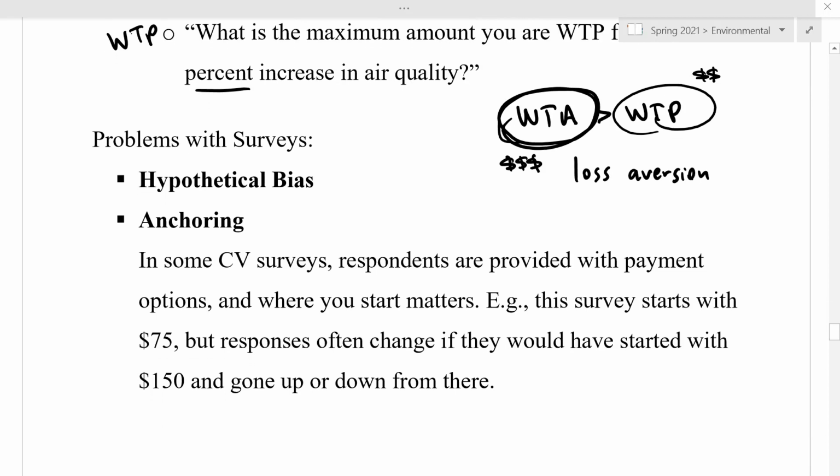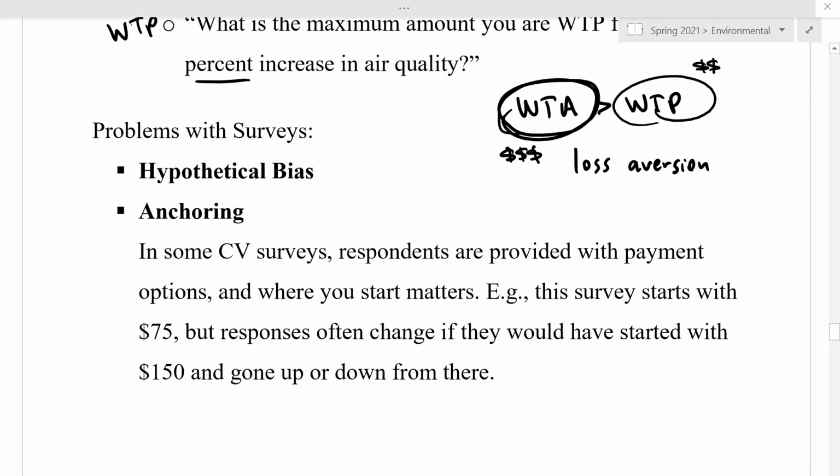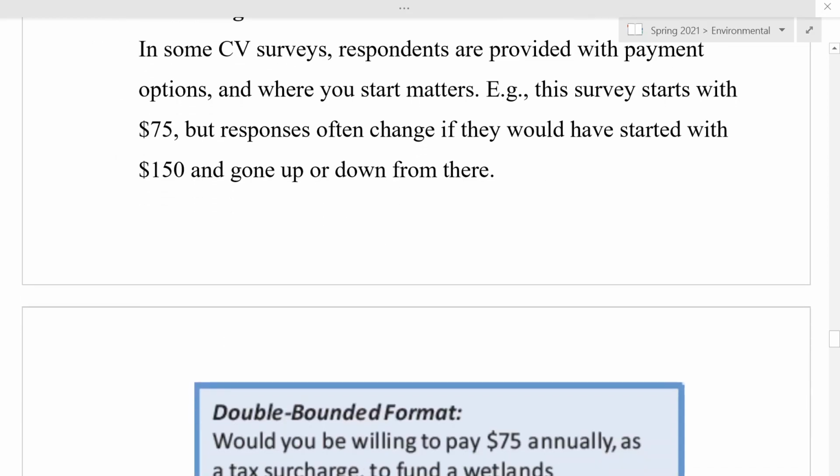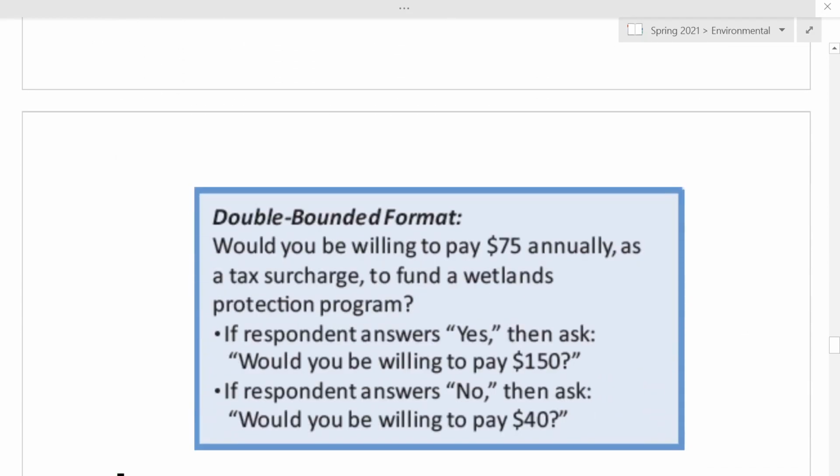There are many other psychological problems. These are heuristics about decision making, but one of them is anchoring. Some of these contingent valuation surveys, here's an example, ask: would you be willing to pay $75 in a tax for a wetlands protection program? If yes, then you ask them more. Will you pay $150? If they say no, then you ask, well, would you pay $40?